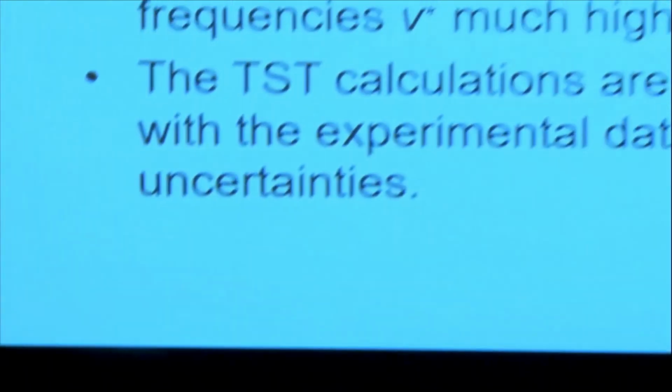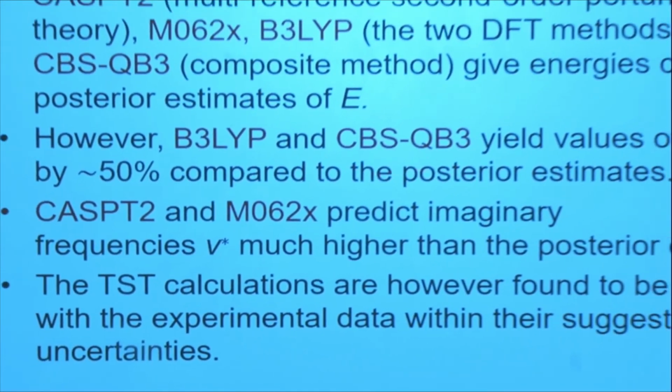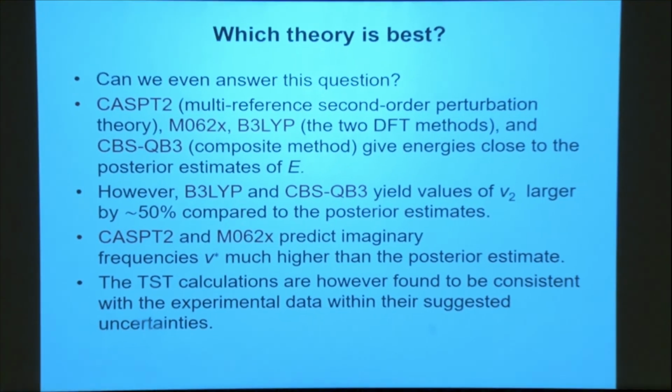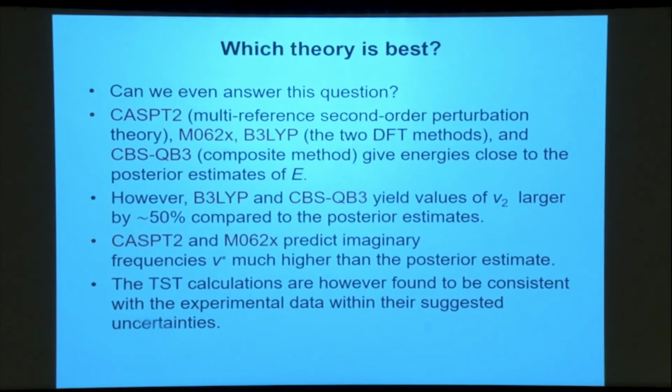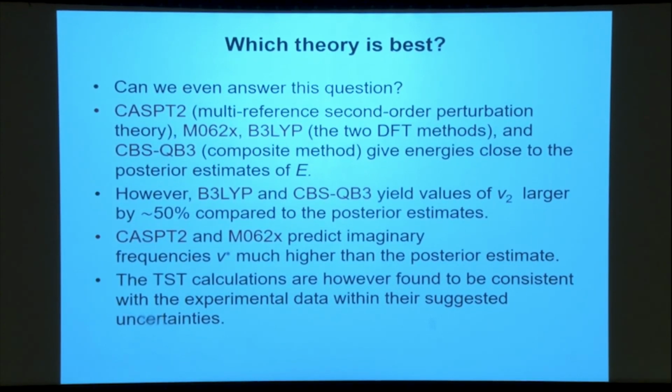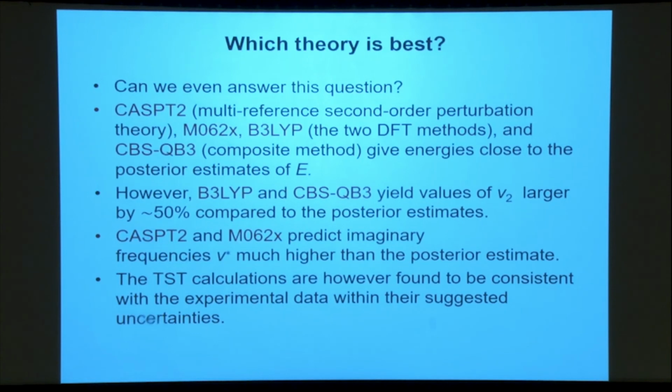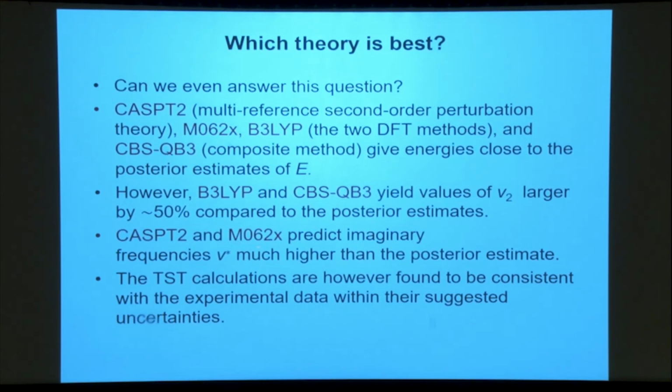One of the density functional methods and the composite method gave 50% errors with respect to the posterior estimates for one of the real frequencies, and CASPT2 and the other density functional method gave errors with respect to the imaginary frequencies.